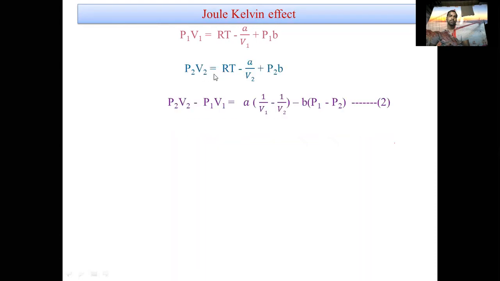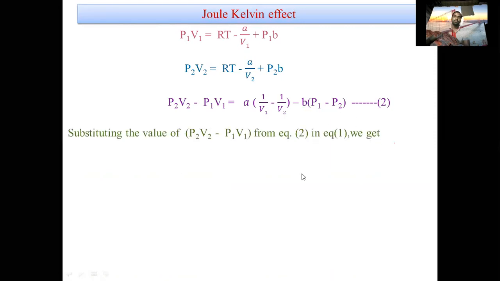Now P2V2 − P1V1: subtracting this term from this term, RT gets cancelled. Now a is common for these two terms, that is 1/V1 − 1/V2. In these two terms, b is common, that is −b(P2 − P1), equation 2.